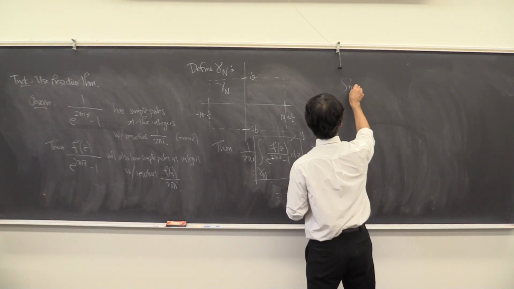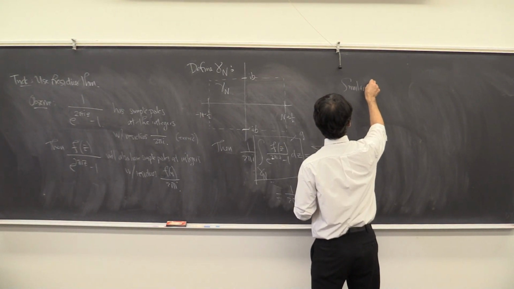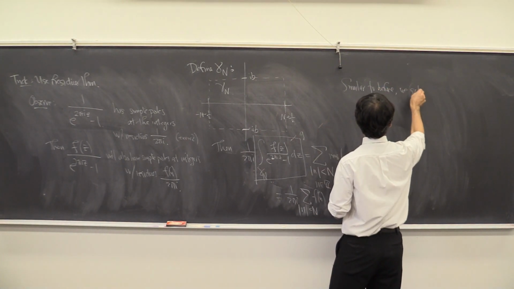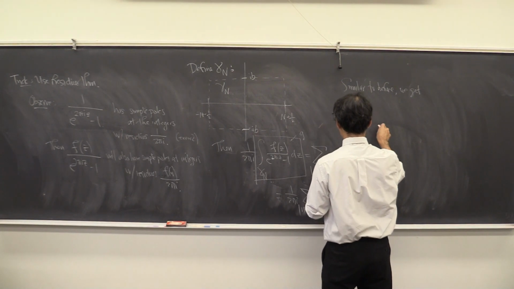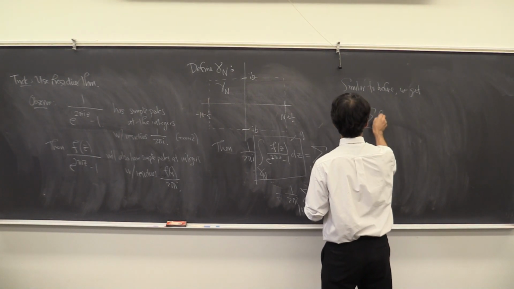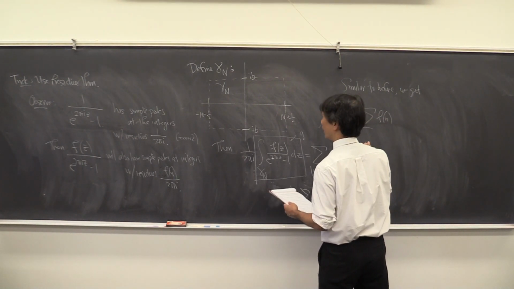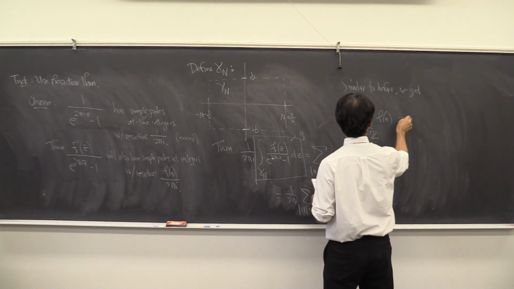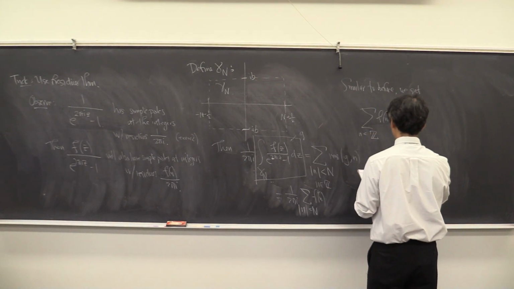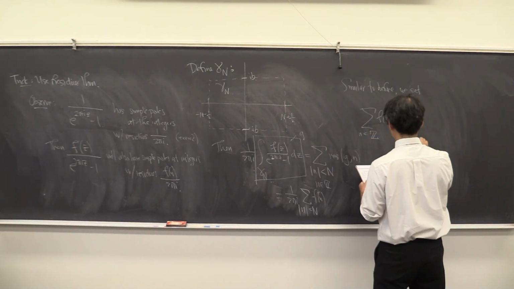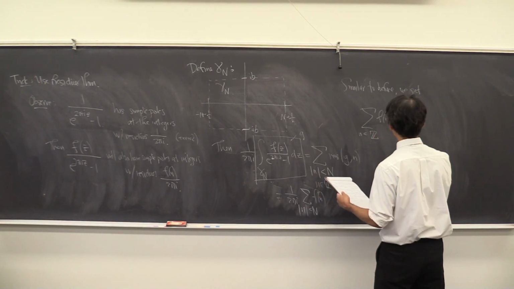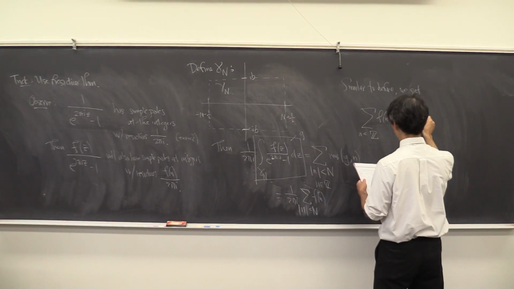Similar to before, we let capital N go to infinity, and we get that the sum over all the values there is going to be the integral over the lower guy plus the integral over the upper guy, just like before.